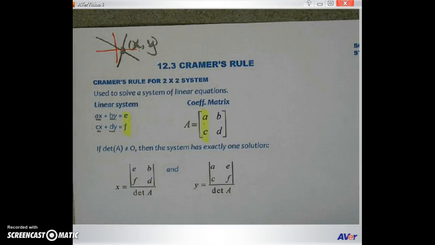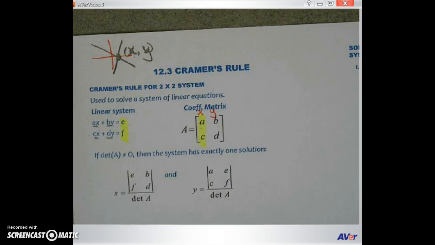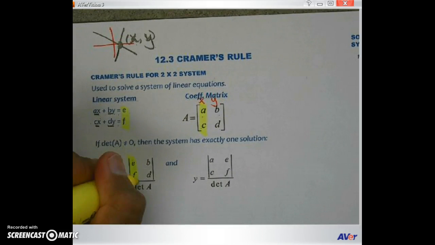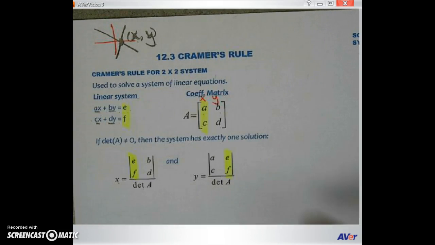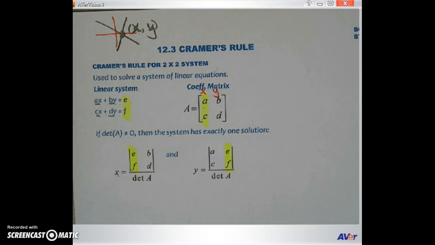Remember that these represented the coefficients of x, and these are your coefficients of y. If I'm looking for y, then instead of these coefficients, I'm going to substitute the solution column into the y's. I'm going to show you what that looks like in just a moment.